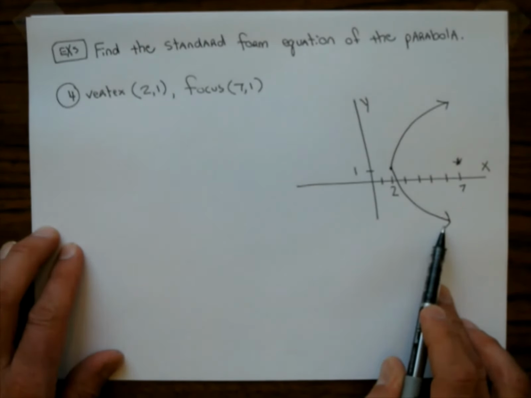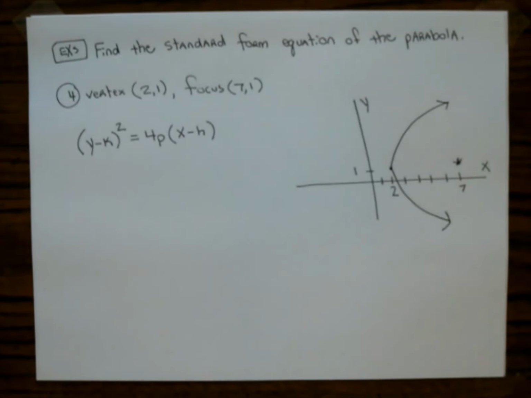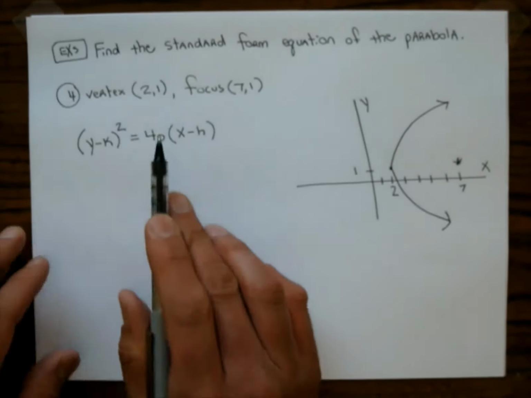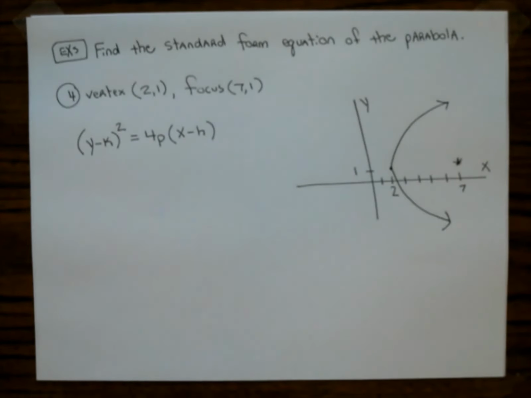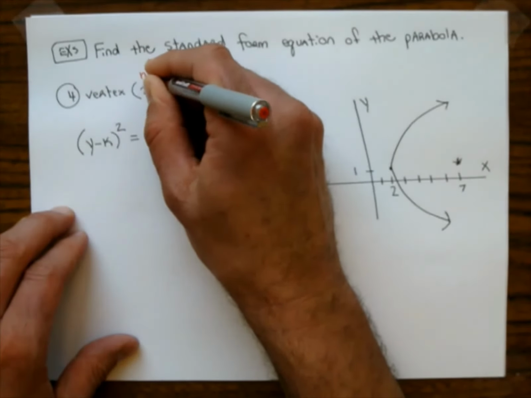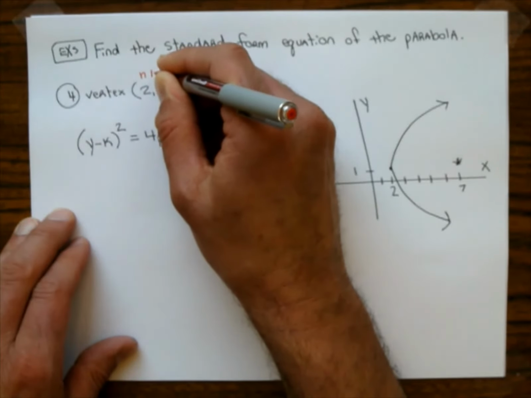So I'll go ahead and write up that equation, (y minus k) squared equals 4p times (x minus h). So there's the standard form of the parabola. And we already know what h and k are. They happen to be 2, 1. So you've got to get these right. This one is h, this one is k.